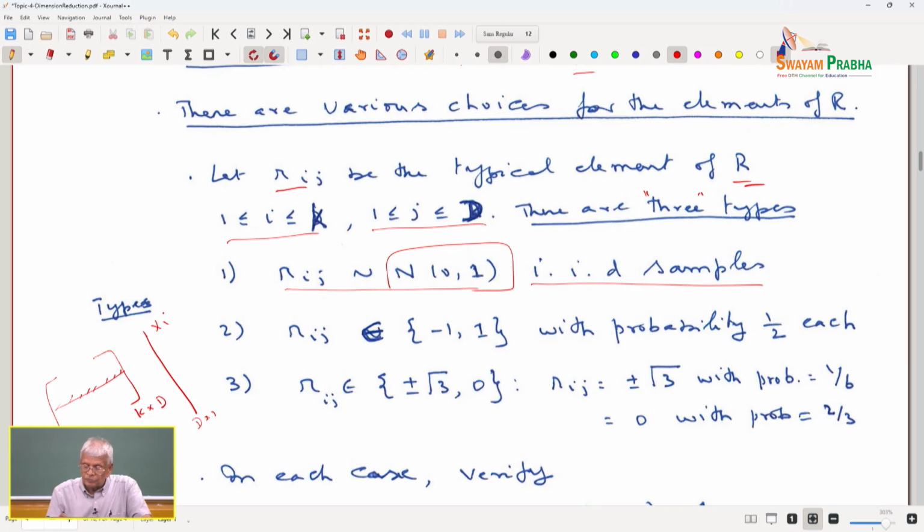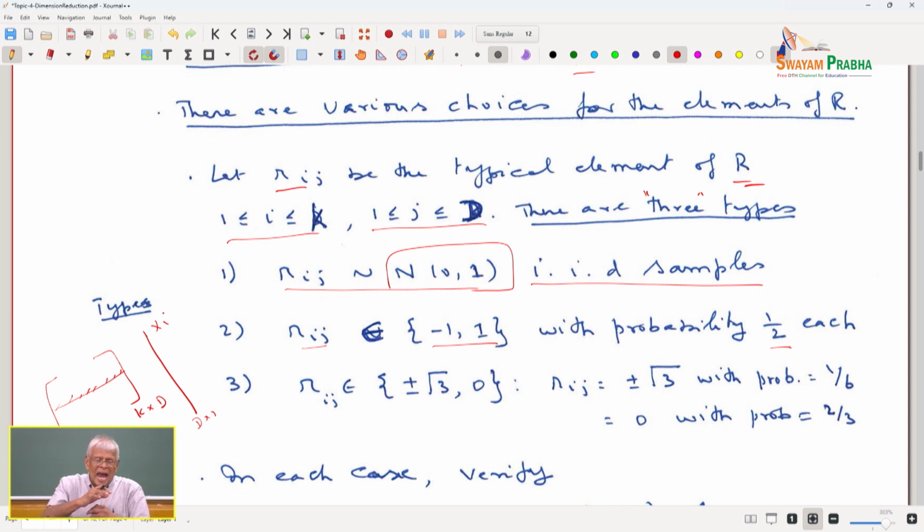So the first one is Rij is going to be plus or minus 1 with probability half-half. What is the beauty of that? The ith row of the random matrix now consists of plus 1 and minus 1. Multiplying by plus 1 or minus 1, I don't need to multiply at all.